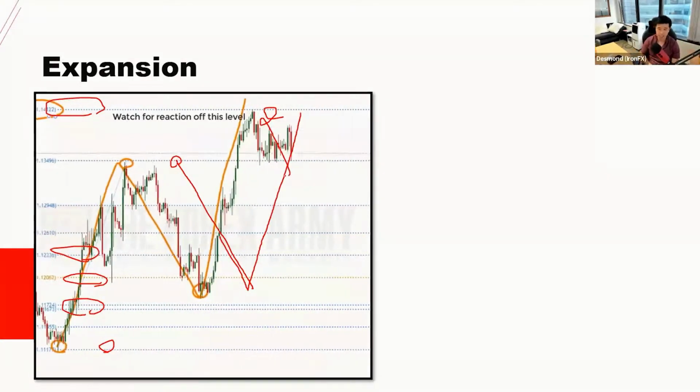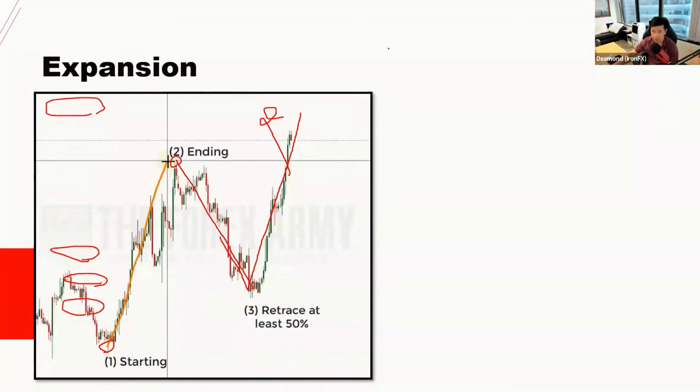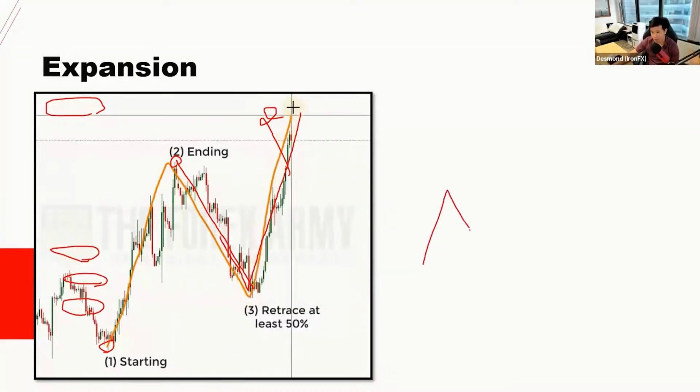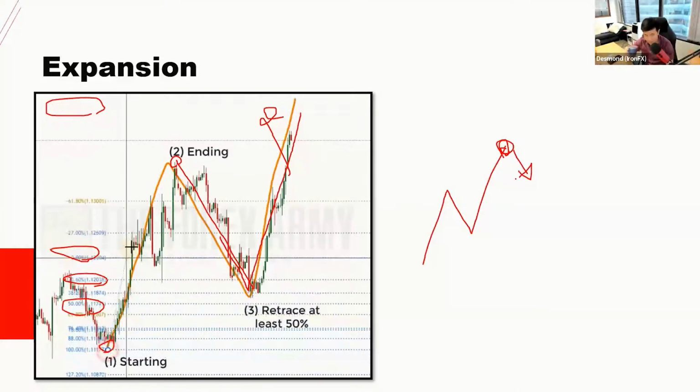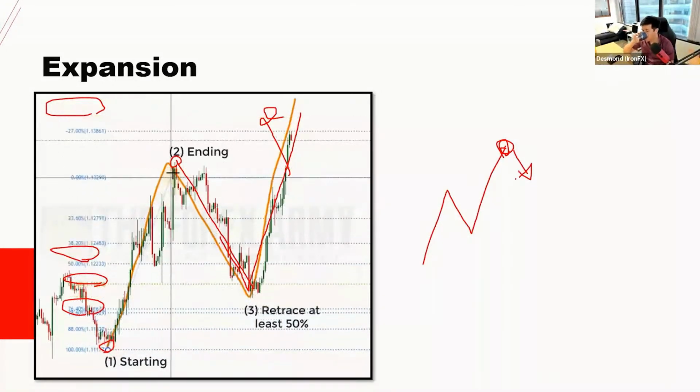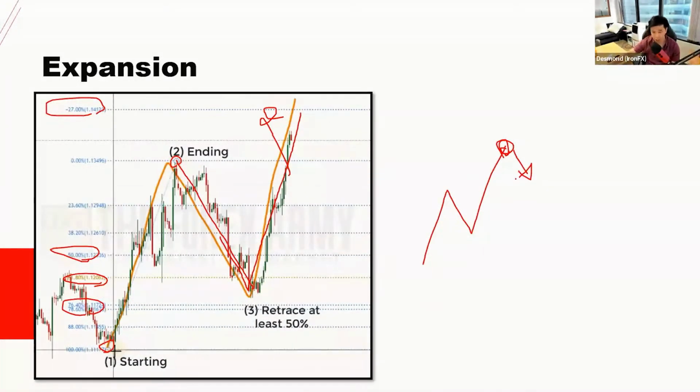This is the trick to Fibonacci expansion: you are literally just forecasting when price is going to reverse.